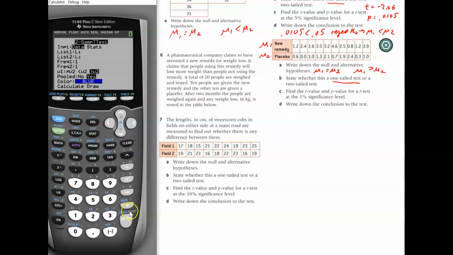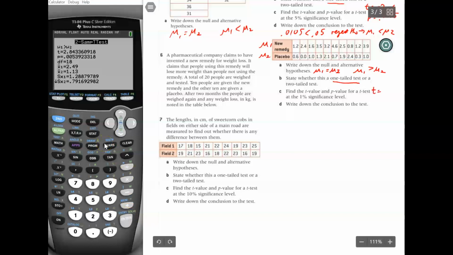And calculate. T is equal to 2.84. P is equal to 0.0055.